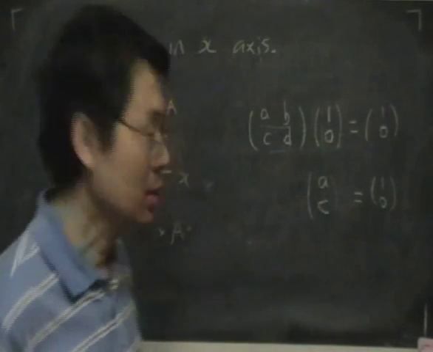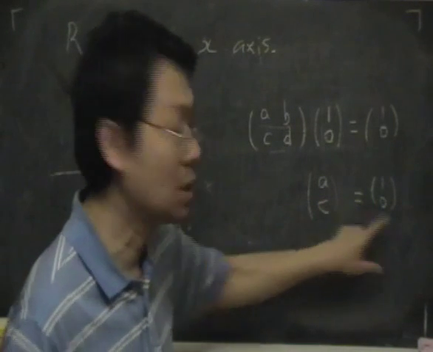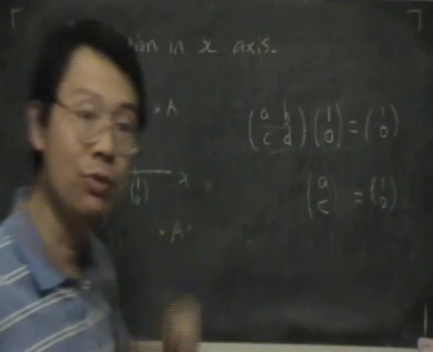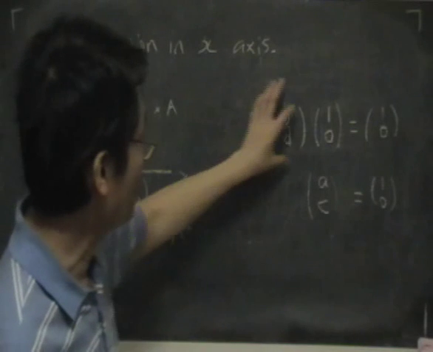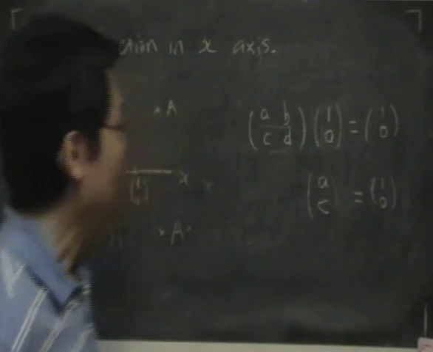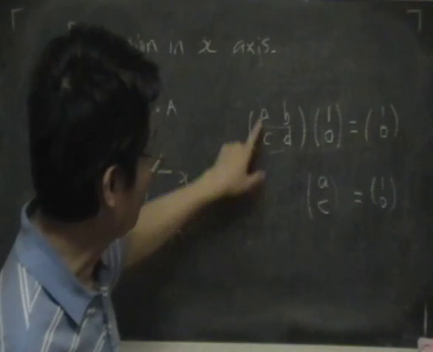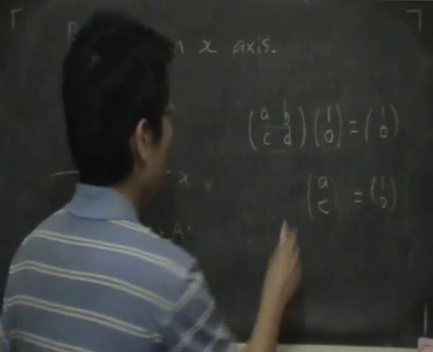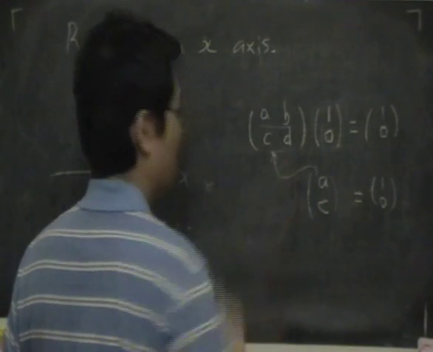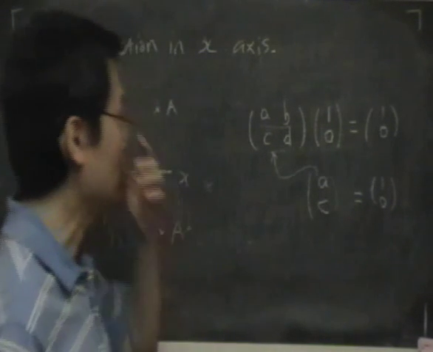Now straight away you see that we have already found A, C. A is 1 and C is 0. We have half the matrix, right? There are only 4 unknowns in the matrix and we have 2 of them. Not only that, now you see that what we've got here is A, C, which happens to be the first column of the matrix. Now we have a very useful result here.